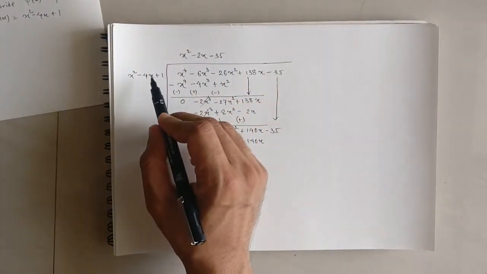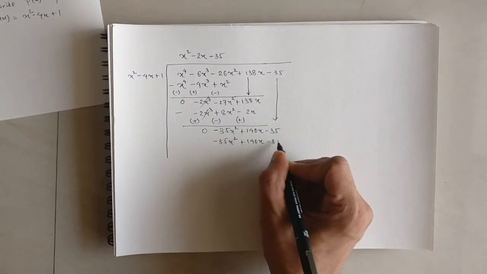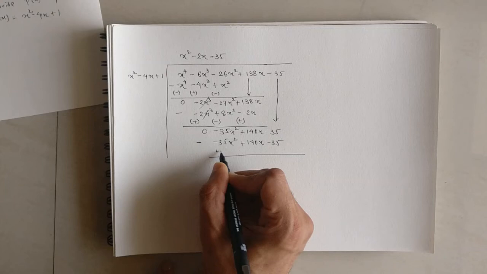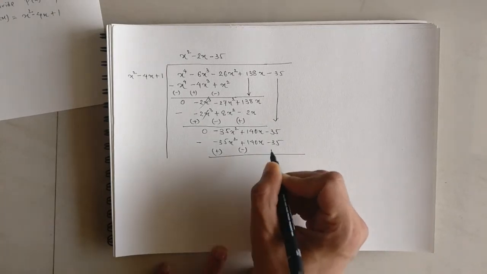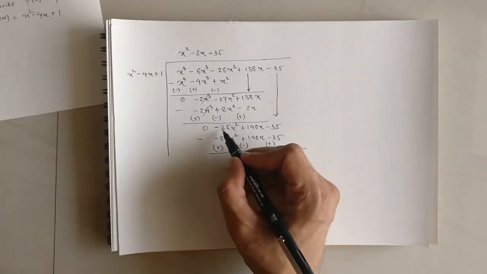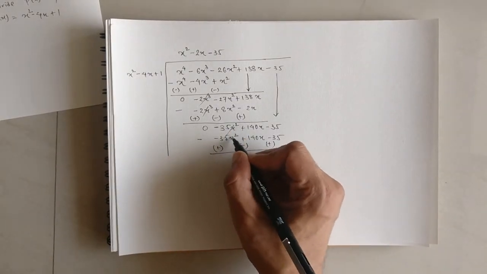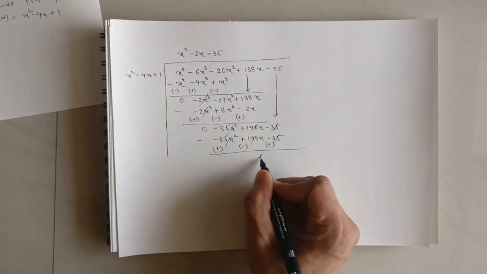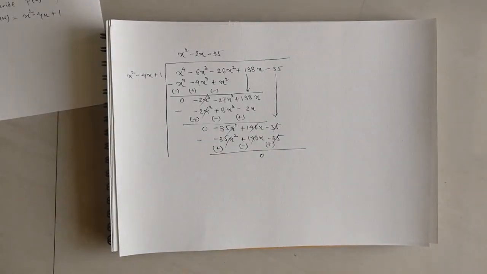Minus 35 into plus 1 is minus 35. Minus, plus, minus, plus. Minus 35x square plus 35x square gets cancelled, and you get remainder as 0.